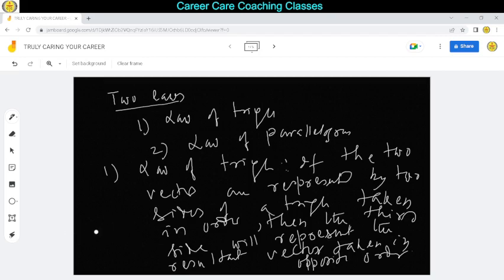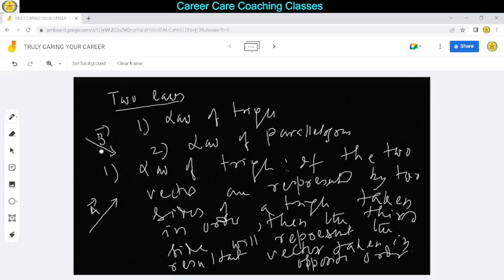I can explain it like this graphically. Suppose this is a vector A and this is the vector B. This is the tail of the vector, this is the head of the vector.